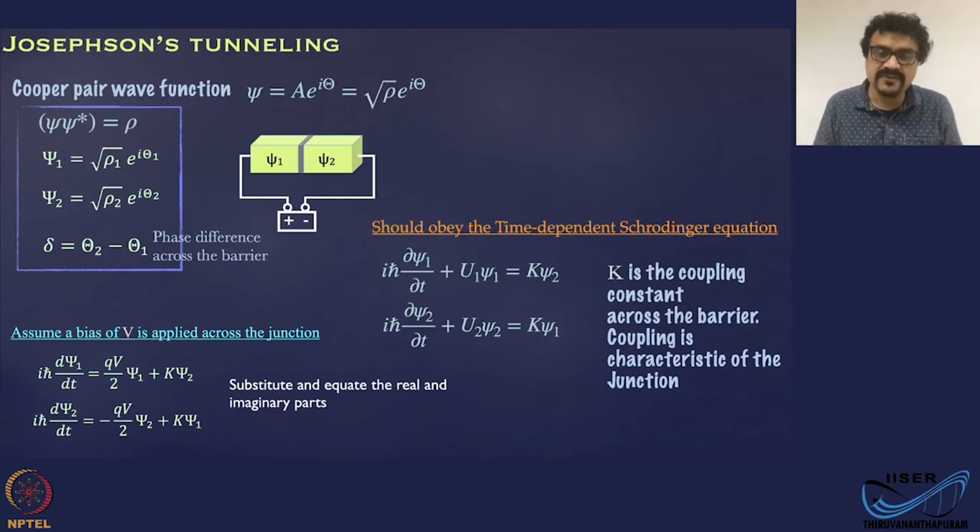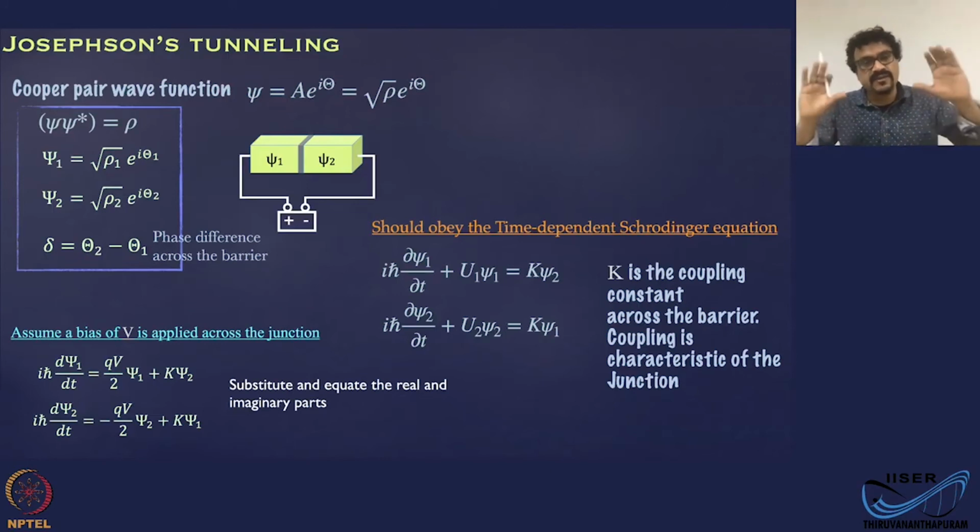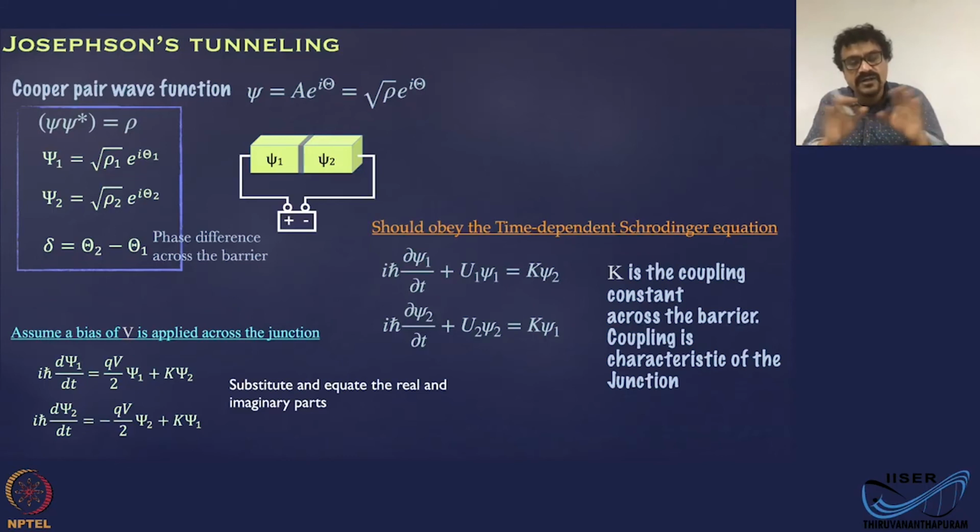What you have is two superconductors with wave functions psi1 and psi2. The wave function is of this form. This is a Cooper pair wave function. There is only one state we are considering. We are not worried about the quasi-particles here, only Cooper pairs.